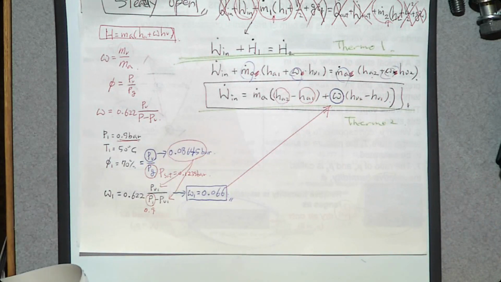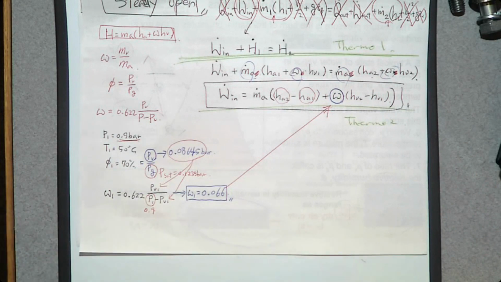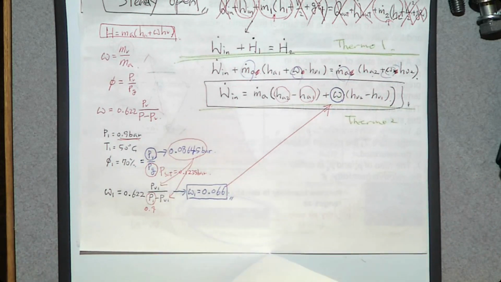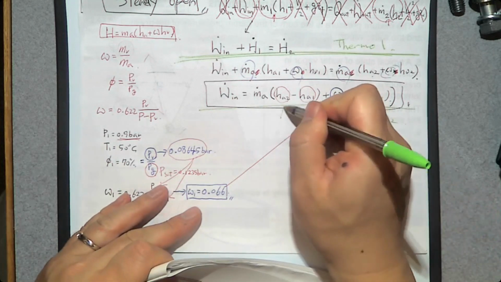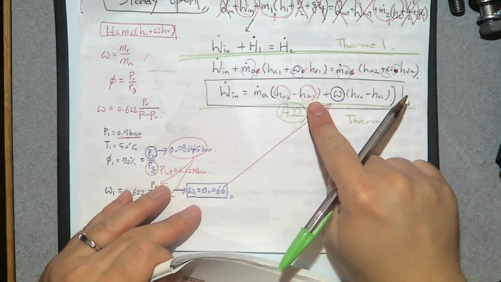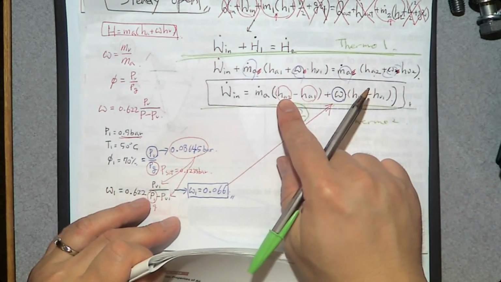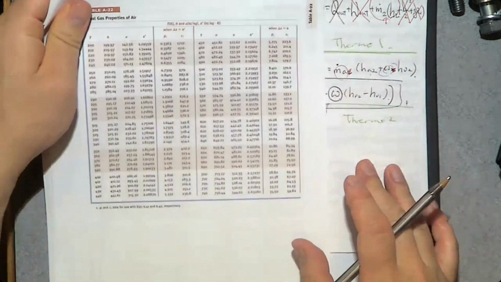I think it's A-20, A-21, no, that's not it, so we need to find A-22. In table A-22, we can find hA at 50 degrees Celsius and hA2 at 195 degrees Celsius.